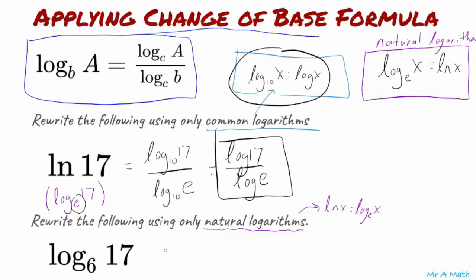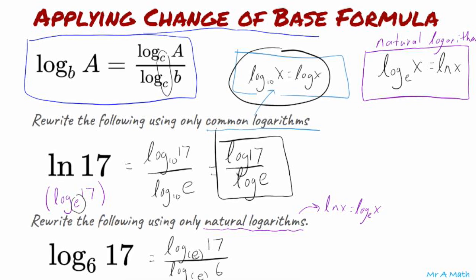I can write this as log base something of 17 over log base that same something of 6. And we need to write it as a natural logarithm though, so our base that we have to choose is e. We have to make sure that we write e as the same base in both logarithms. This rule only works when my bases are the same, as we talked about up here.